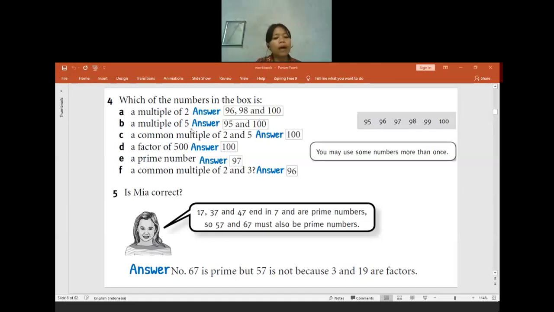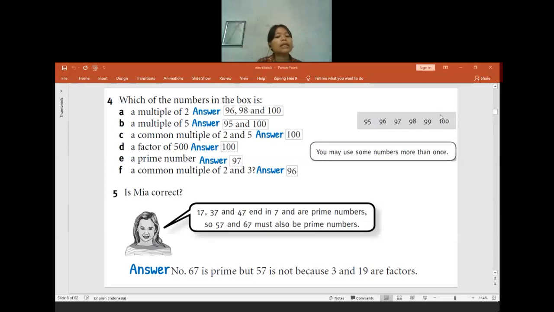For multiples of 5, the last digit is 5 or 0. So they can be 95 and 100 only. For a common multiple of 2 and 5, it means I need to multiply 2 and 5. 2 times 5 equals 10. So now I just need to find the multiple of 10.